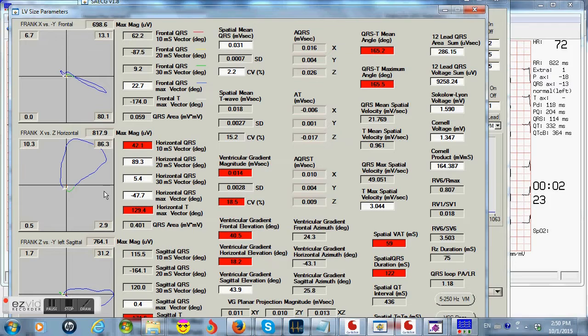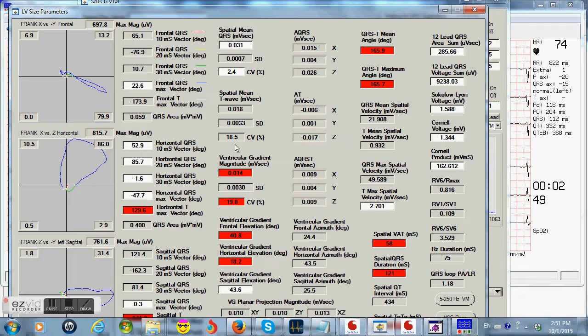And the T and the QRS are much more opposed in each of the individual planes as well. You see it here in the horizontal plane, 128 or 129 versus 47 for the QRS. And you also see that in the left sagittal, almost 180 degrees directed apart. The T wave over there at about minus 180, and the QRS peak is at about 0 degrees.